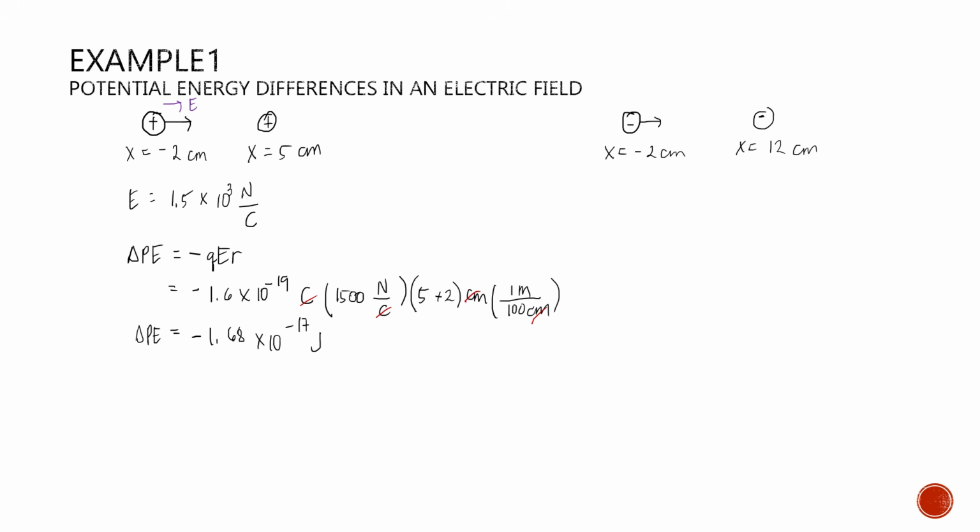So same direction as the electric field, towards the positive x direction. So we expect that the change in potential energy would be positive because it's an electron, and it goes in the same direction as the electric field.